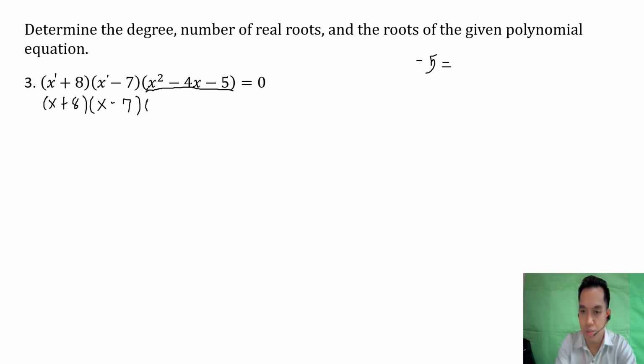What are the factors of negative 5? 1 times 5, positive 5 yun. 1 times negative 5. Pwede rin negative 1 times 5. Alin dito sa mga factor na to na kapag inadd mo, ang sagot ay negative 4?